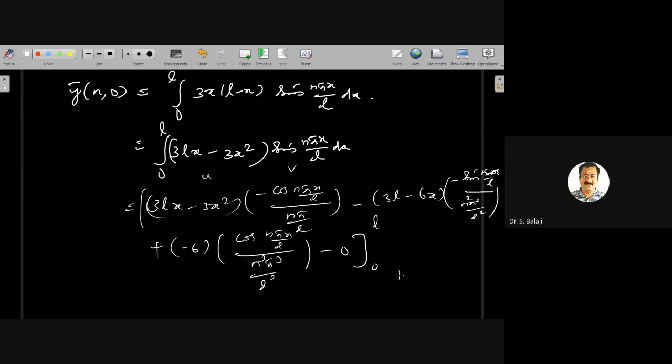We are going to apply the limits for x, take the constants outside here, the terms without x outside.